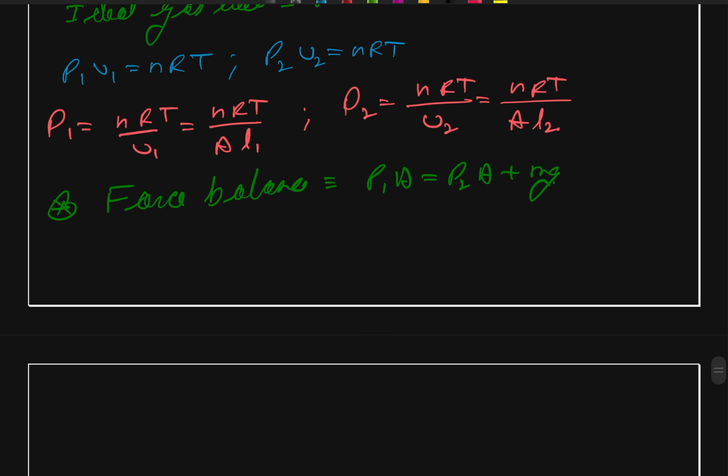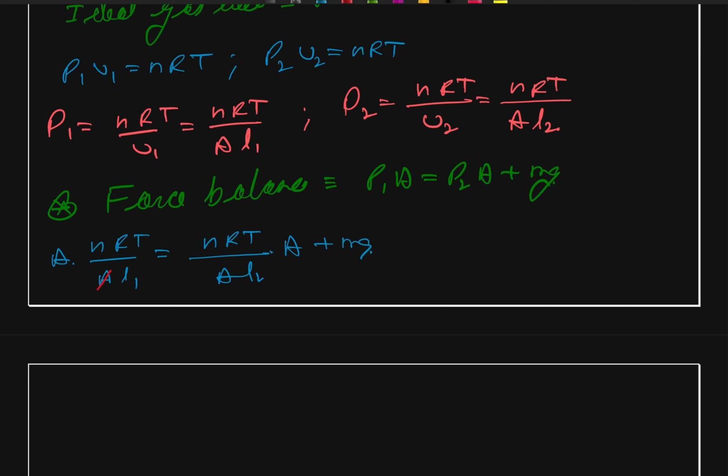We can substitute P1 and P2: nRT upon AL1 multiplied by A is equal to nRT upon AL2 multiplied by A plus mg.